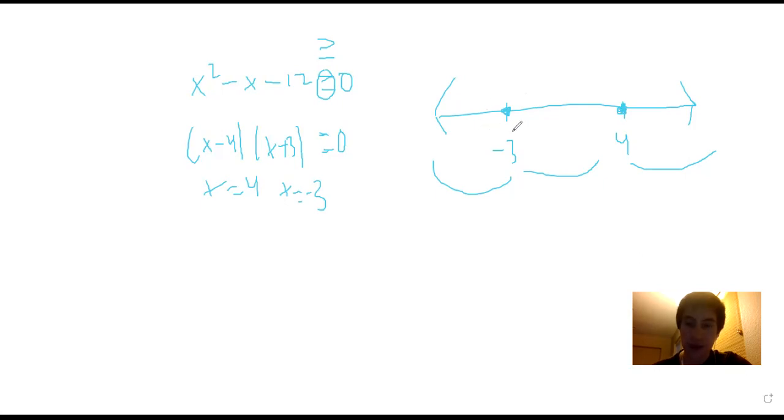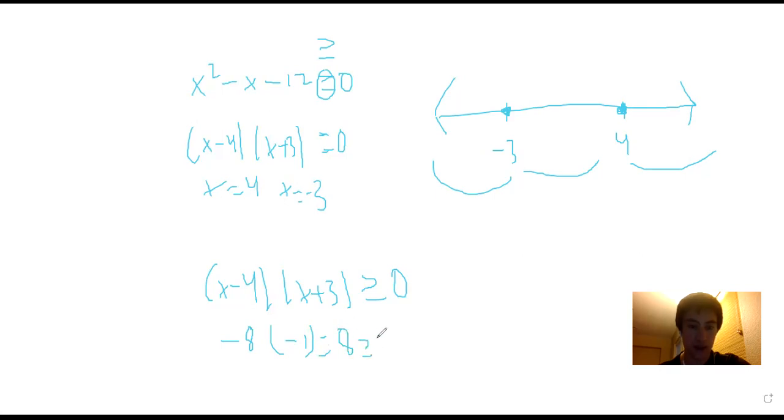Now, we test the boundaries. We plug it back into our equation. If we want to test the region from -3 to negative infinity, we plug in any number in that range. Let's say -4. If we plug -4 into (x minus 4)(x plus 3), we get -8 times -1, which is 8.